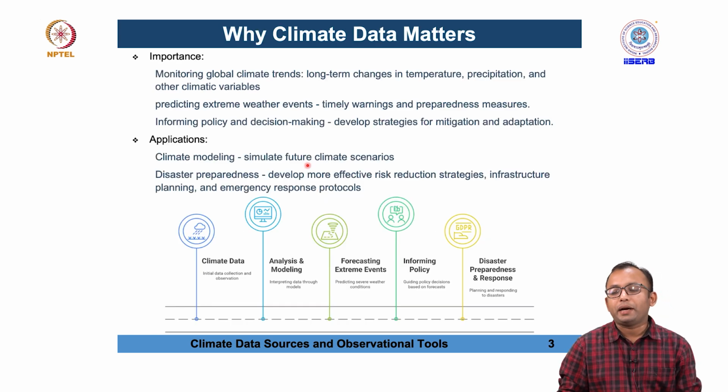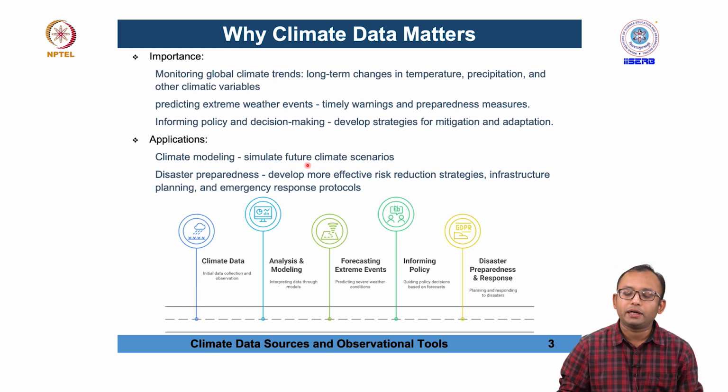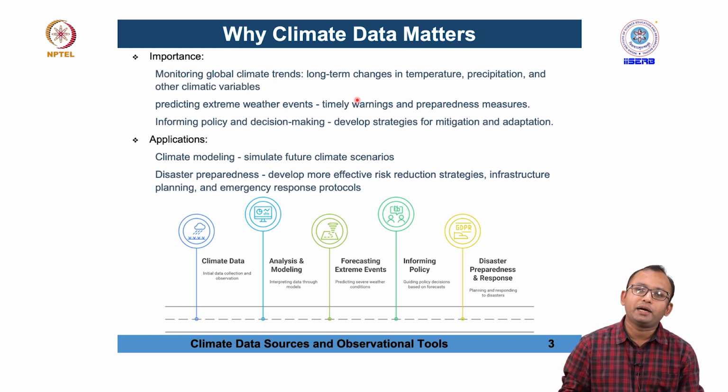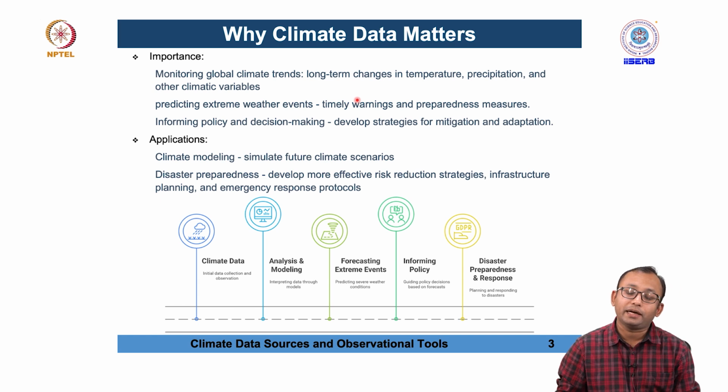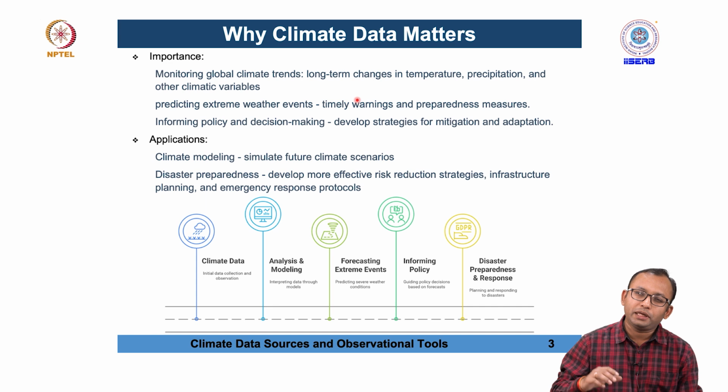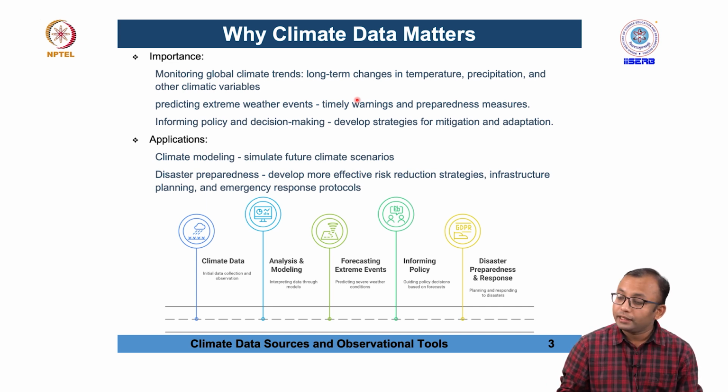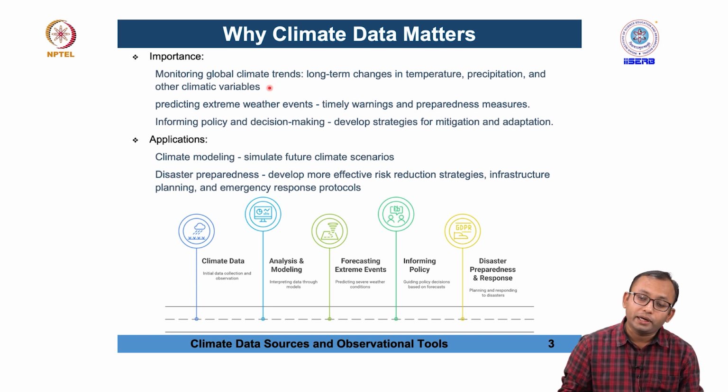So, why does climate data matter? When we are talking about long term global climate trends, or long term changes in temperature and precipitation, or if you are talking about how the snow melt rate has been increasing, or which area in the Himalayan region, Arctic region or polar region has been suffering from an increasing amount of melt in the past few decades, then it is very important to look at what the data is actually telling us.